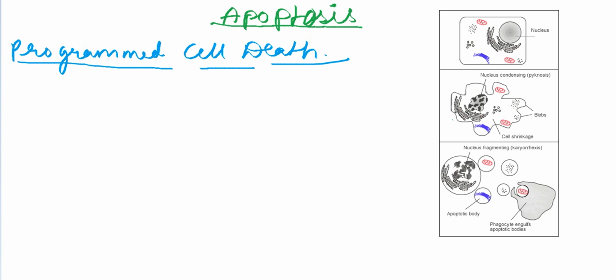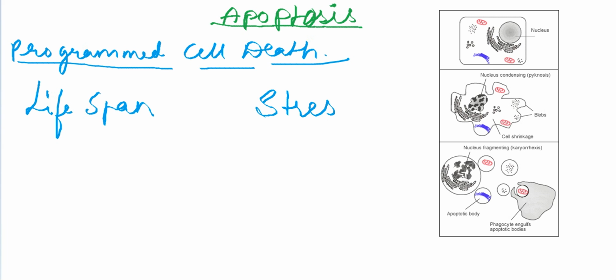So why does apoptosis have to take place in our body? There are two main reasons. When a cell has completed its lifespan, and another reason is when a cell is stressed out. What do I mean when I say the cell has completed its lifespan?